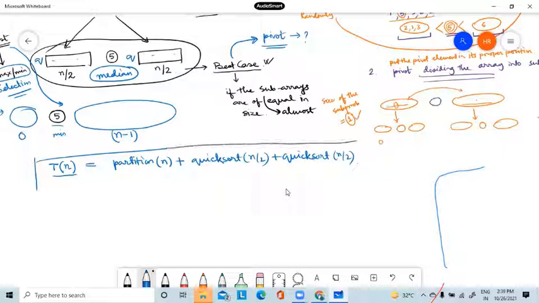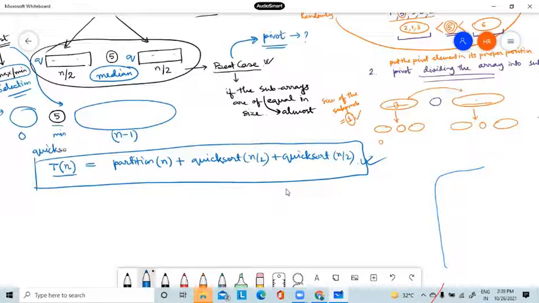I hope this is clear. The time complexity equation is clear. This is the actual quick sort. Quick sort for n is equal to partition, the first thing, then the second quick sort, then the third quick sort. So these three things we have done inside the quick sort function. So the equation will be like this: T of n.